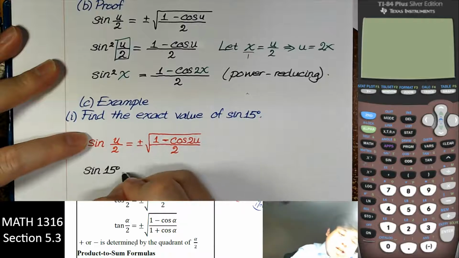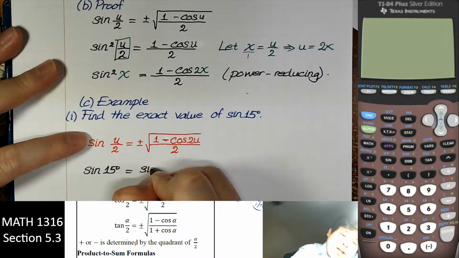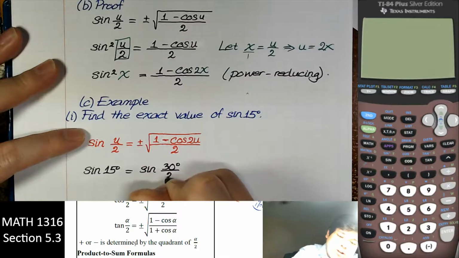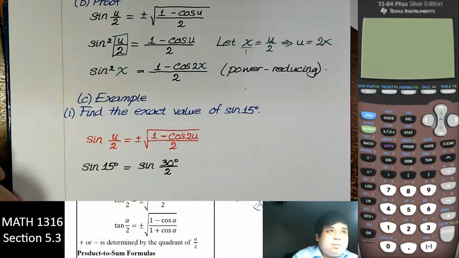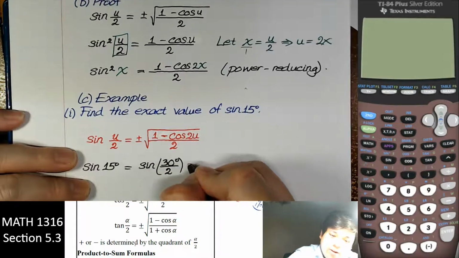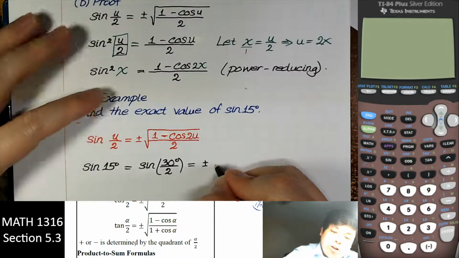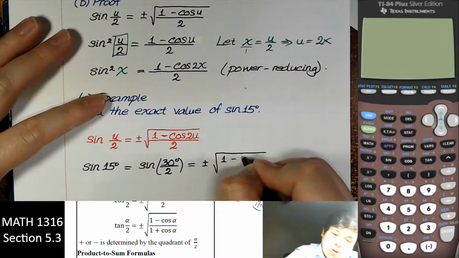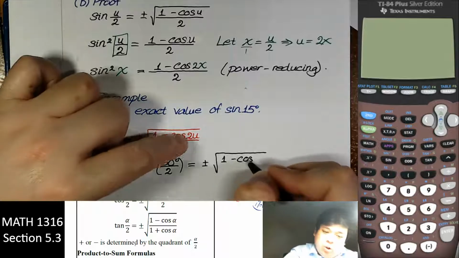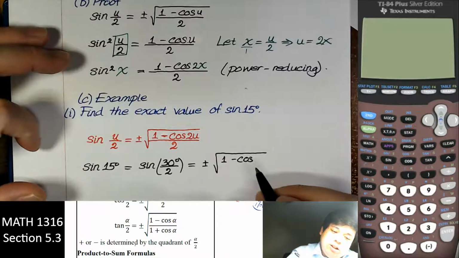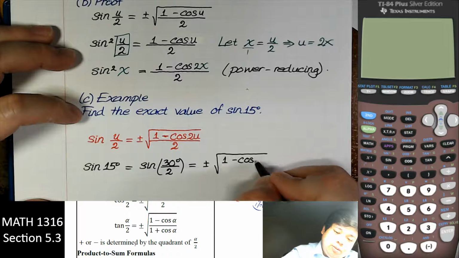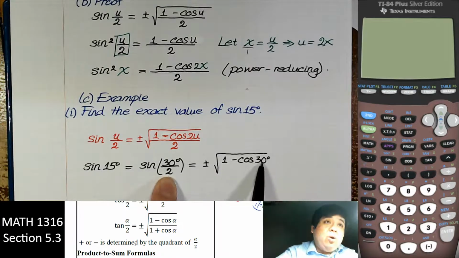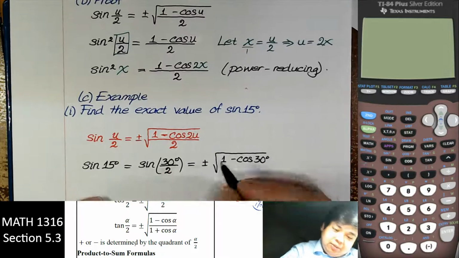So instead of 15, we can say 30 degrees over 2, which is half of an angle according to the formula, 1 minus cosine of 2 times the angle, which would be 30. Notice that this angle here and this angle here, this one is going to be double that.